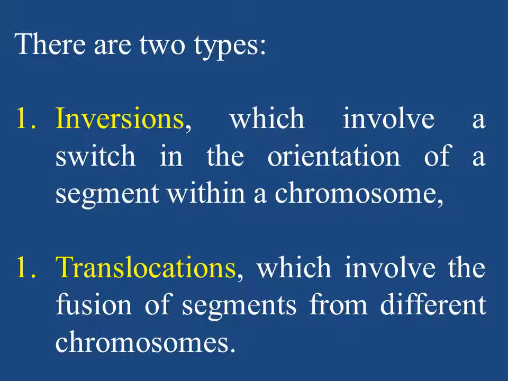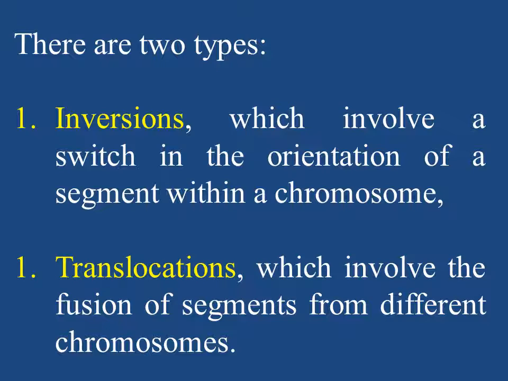These arrangements are of two types. One is inversion, which involves a switch in the orientation of a segment within the same chromosome. A particular part of a chromosome is flipped, reverted, and again inserted back in the same chromosome. That is called inversion.